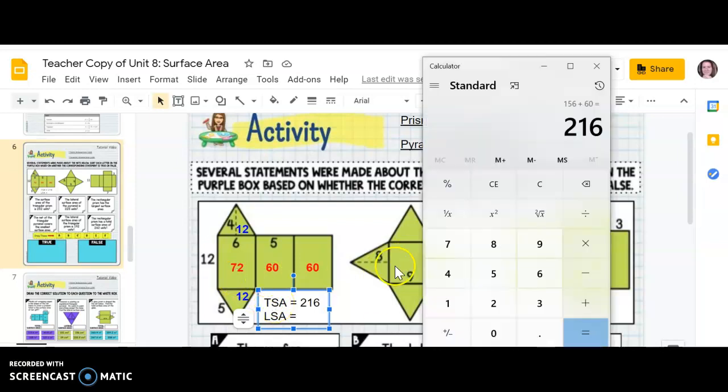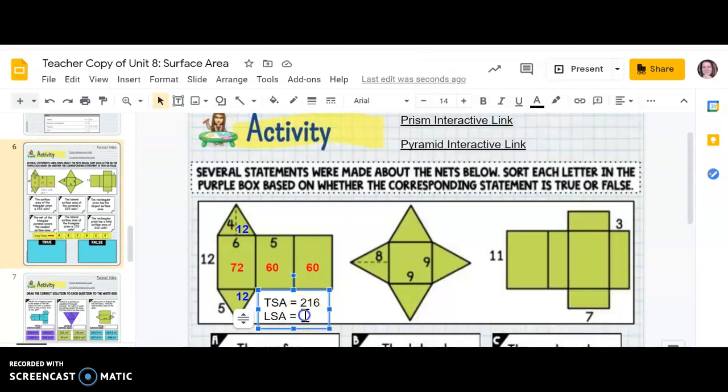So I'm just going to add up the red numbers, which are the faces. So lateral surface area is faces, not bases. And so I'm going to add those up. 72 plus 60 plus 60 equals 192. And so now I know my total surface area is all of my areas, the red and the blue. My lateral surface area is just the red.